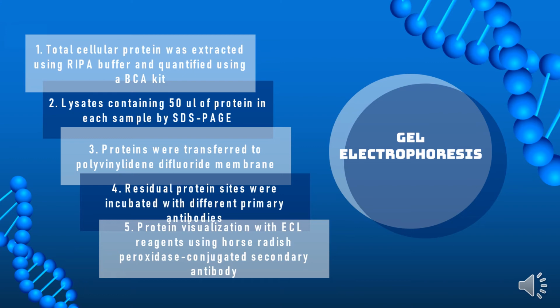Next, lysates containing 50 microliters of protein in each sample were analyzed by SDS-PAGE. The proteins were then transferred to a polyvinylidene difluoride membrane, and residual protein sites were incubated with different primary antibodies, followed by the appropriate horseradish peroxidase conjugated secondary antibody for protein visualization with ECL reagents.